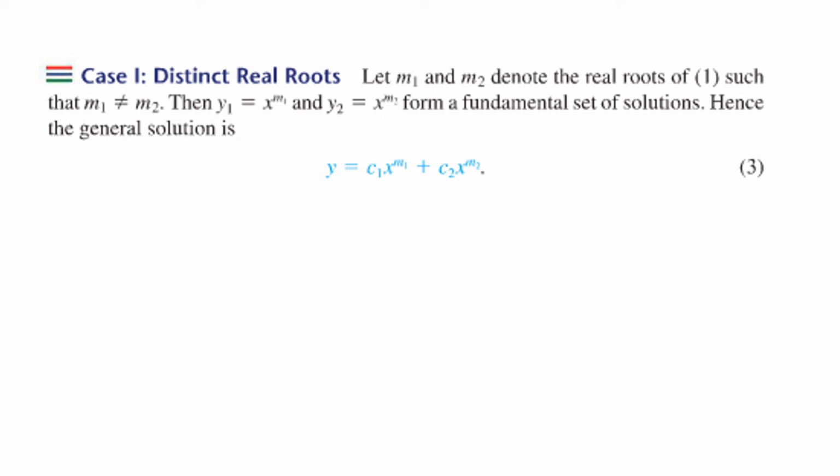So m1 and m2 denote the real roots of the equation, and m1 does not equal m2. Then these are a fundamental set of solutions. So the general solution is going to be a linear combination of the two.